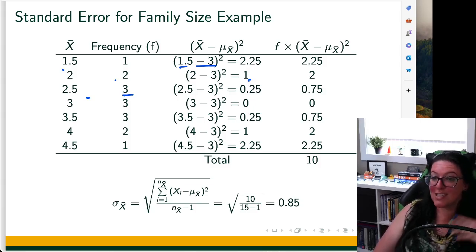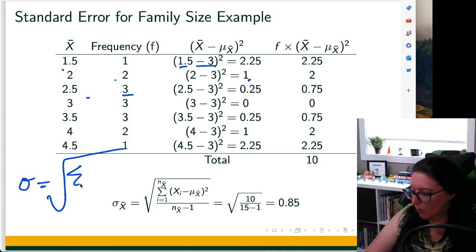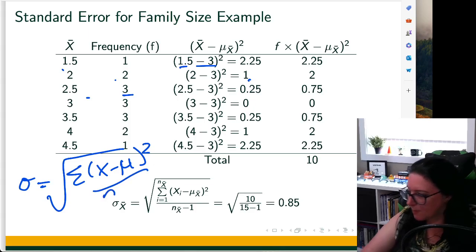So standard error is just the standard deviation of the sampling distribution, which means the formula is the same formula for standard deviation you saw before. It should be x bar.